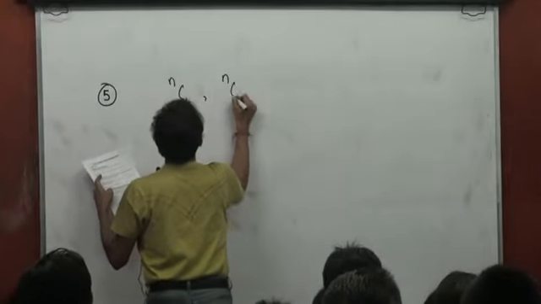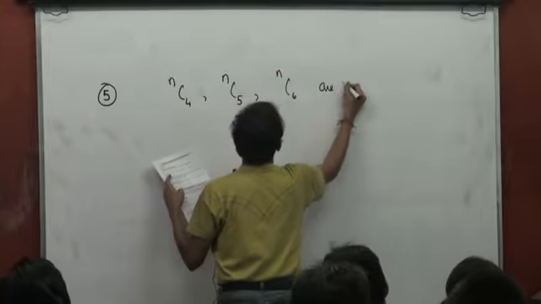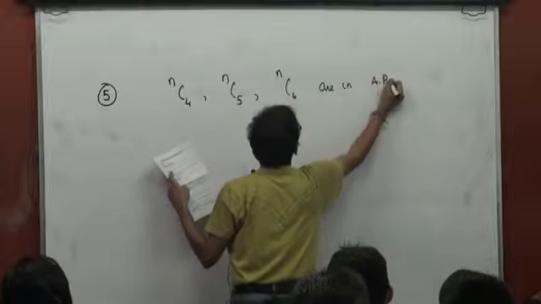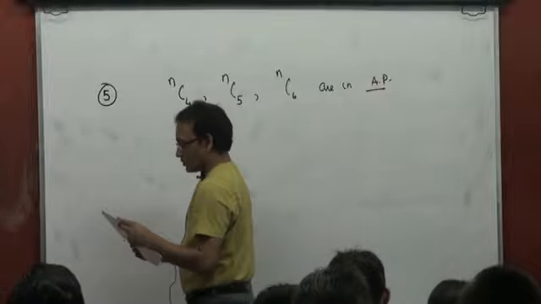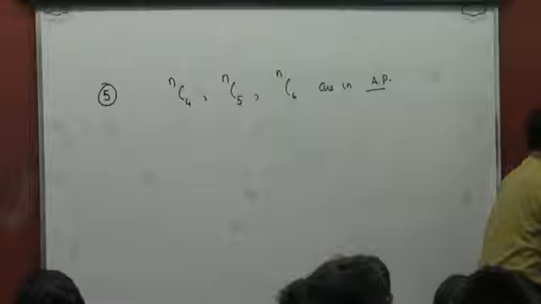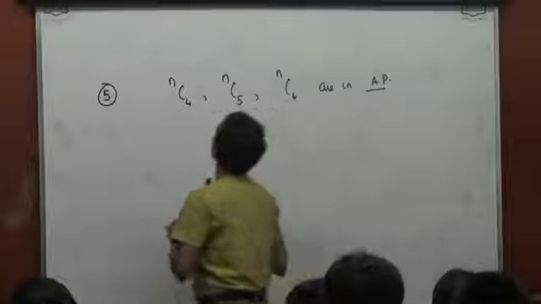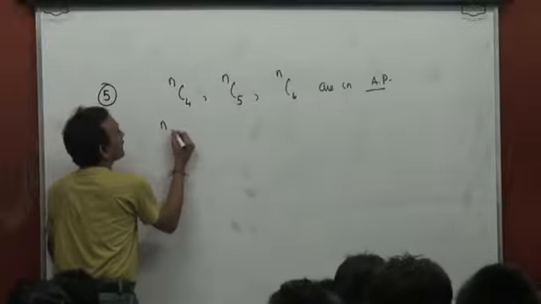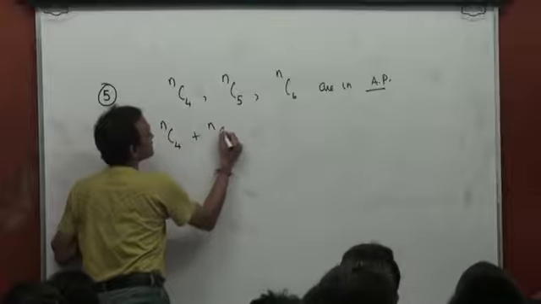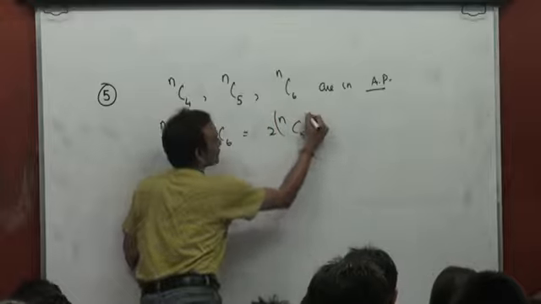NC4, NC5, NC6 are in AP. What's n supposed to be? Which means NC4 plus NC6 must be 2 times NC5, isn't it?